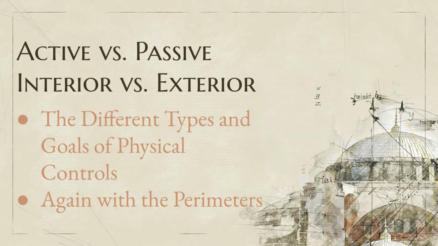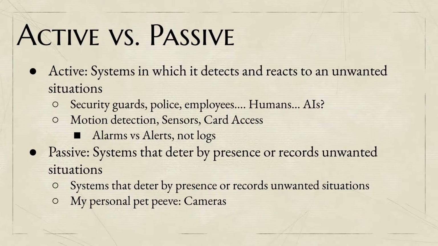We'll talk about those different control types and the different goals of the physical controls. And again, we're going to talk about perimeters. It's a basic principle of security that we try to form perimeters.